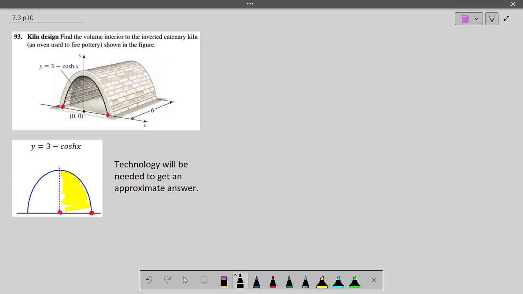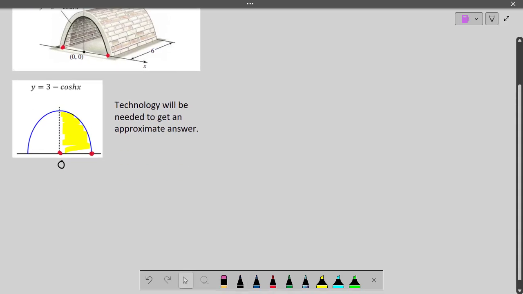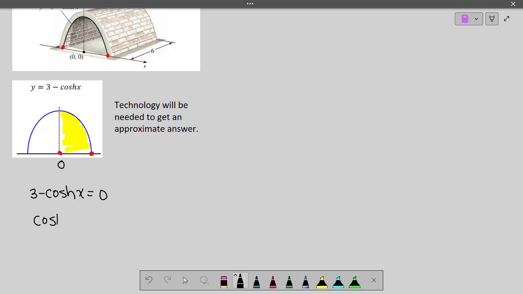Let's figure out what this point is right there. So if we want to know what that point is right there, we are setting 3 minus cosh of x equal to 0. So this will be cosh of x is equal to 3.